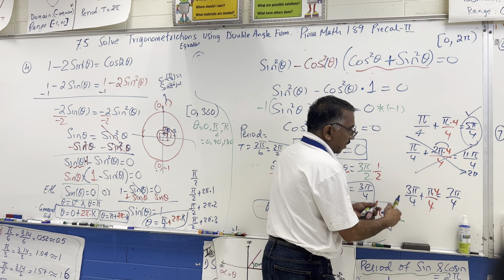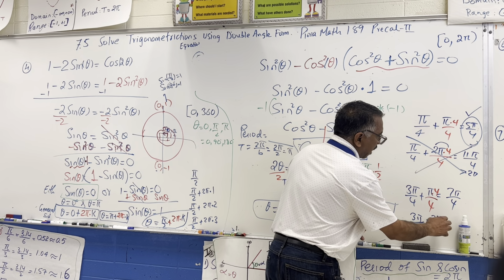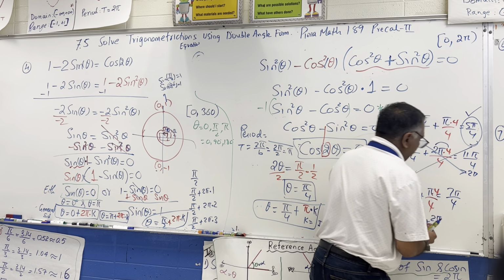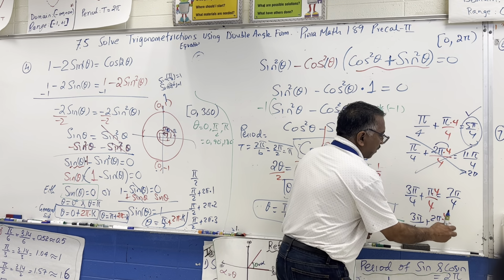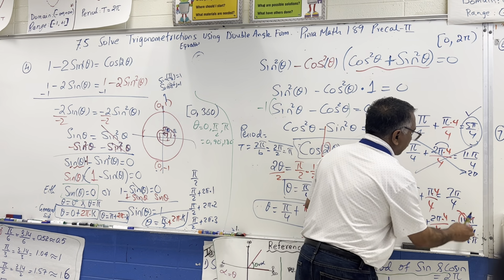But remember, if you do one more, 3 pi by 4 plus 2 pi, multiplying by 4, that's 8 plus 3, which is 11 pi by 4. When you divide by 4, this is almost 3 point something, but it is more than 2 pi. So this will not help. So this is the correct one.